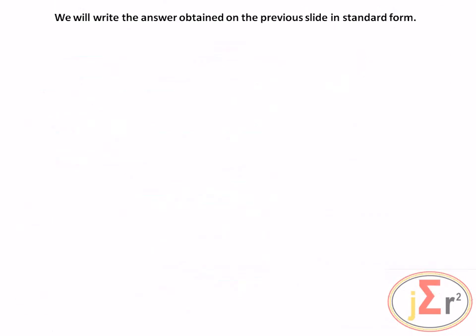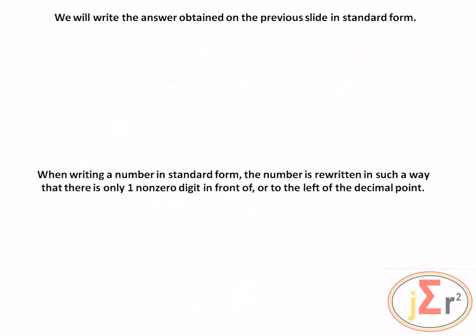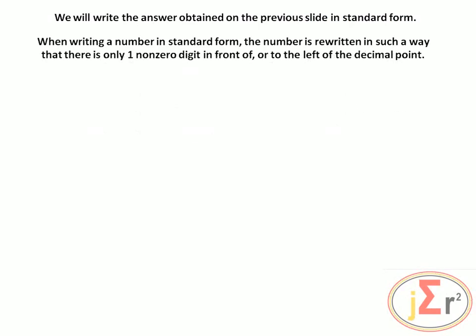We will write the answer obtained on the previous slide in standard form. When writing a number in standard form, the number is written in such a way that there is only one non-zero digit in front of or to the left of the decimal point.